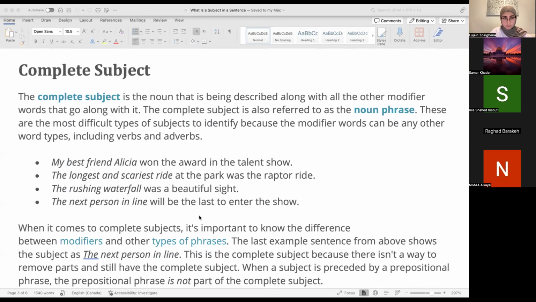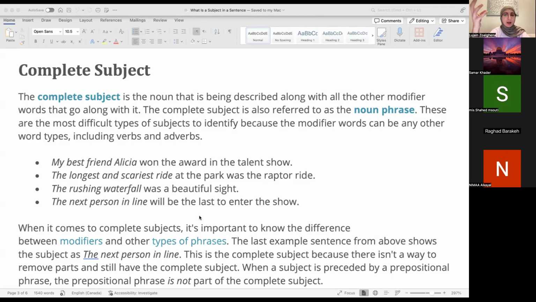These are the most difficult types of subjects to identify because the modifier words can be other word types, including verbs and adverbs. So the complete subject is a noun that is being described along with all the other modifier words that can go along with it. It is a noun phrase.